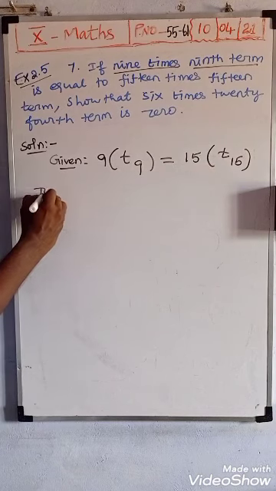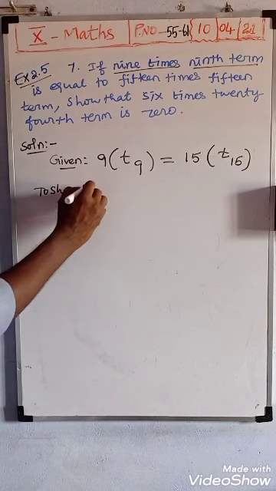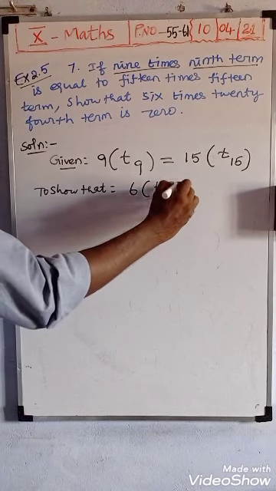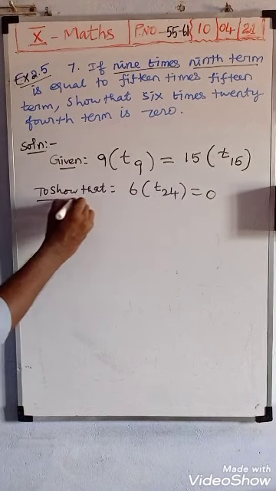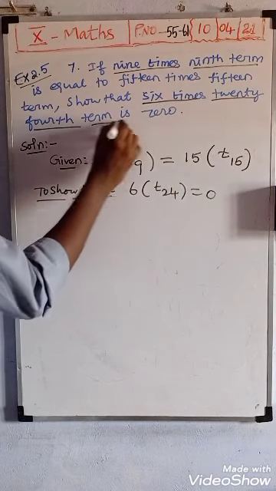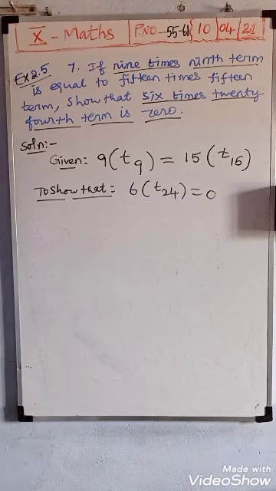Then we want to show that 6 times the T24 term is 0. So this we want to show.